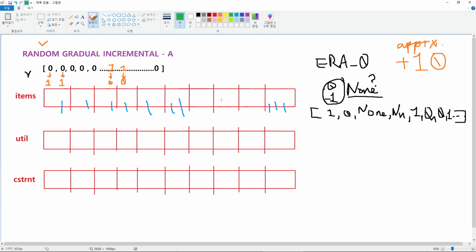In the second era, this could be gone, and this could be gone. But in the second era, around 10 more, 1, 2, 3, 4, 5, 6, 7, 8, 9, 10, 11, 12, 13 could be activated.